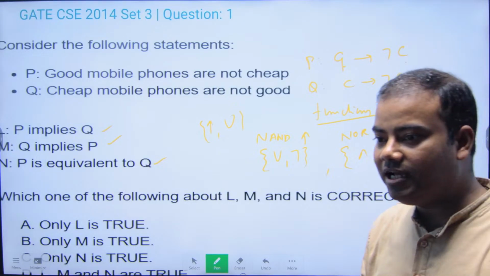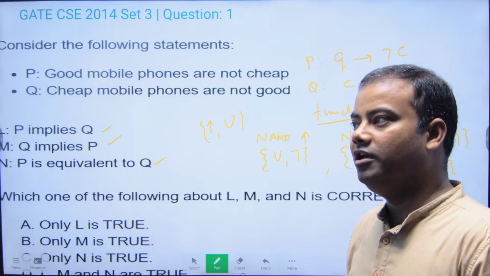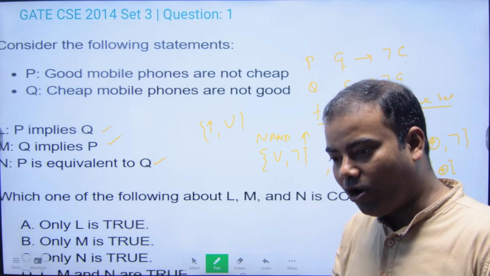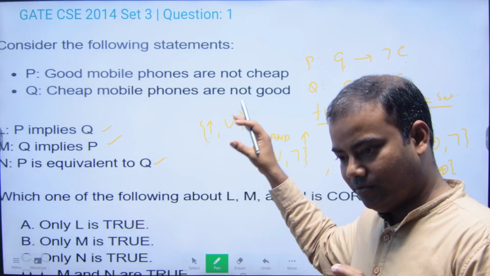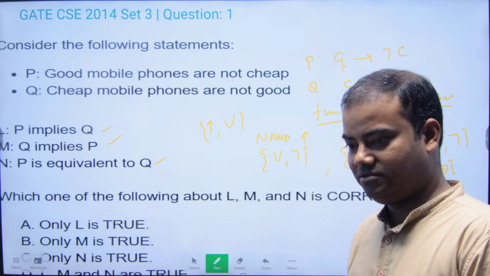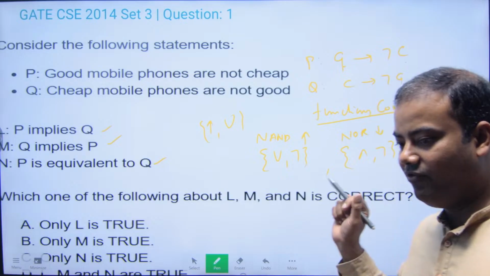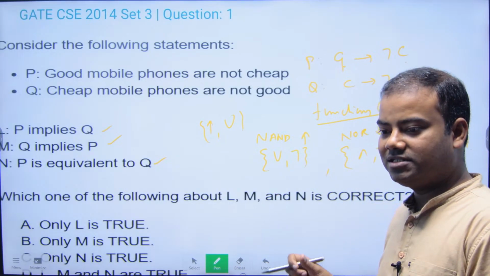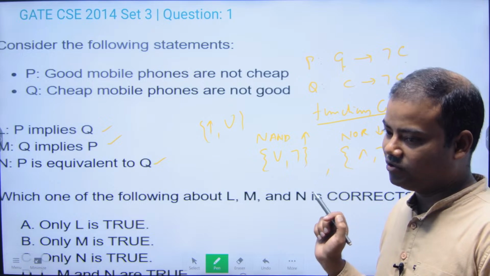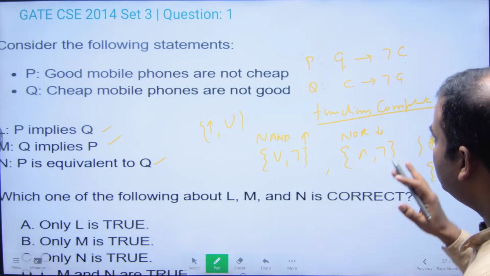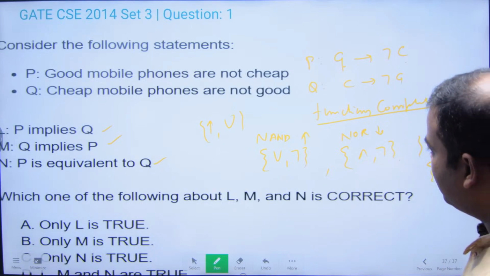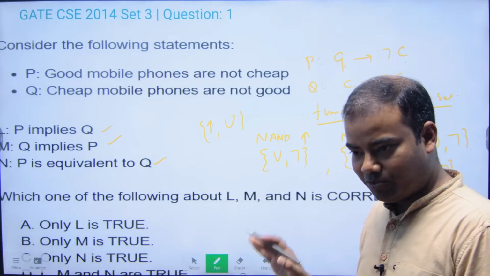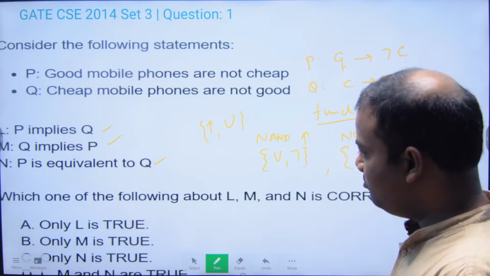Functionally complete means it will represent all binary functions. Sometimes it is asked in exams whether these sets are functionally complete or not. So proposition logic and predicate logic are both done.